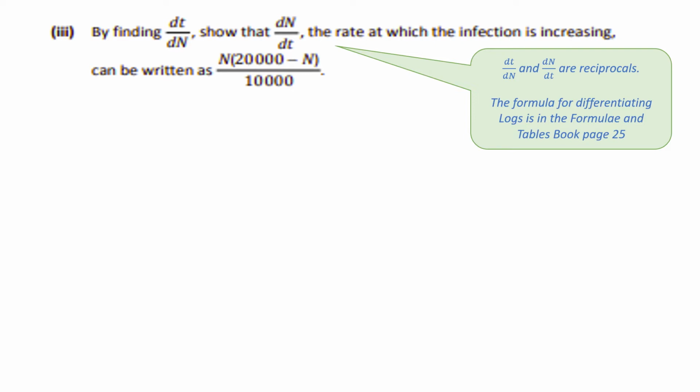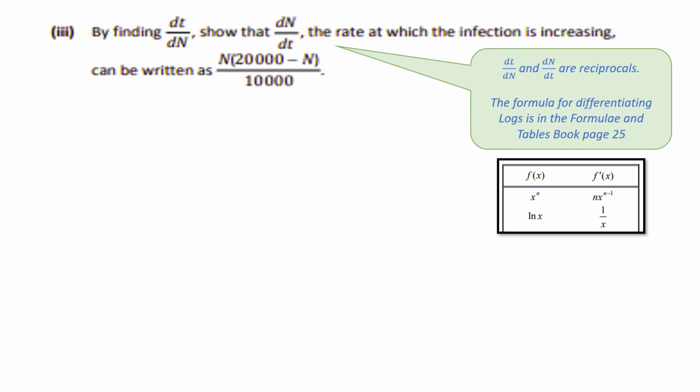That's important. So when I work out dt/dn, I can flip it to get dn/dt. The formula for differentiation of log, because remember we have a log equation here, is in the formulas on page 25. When I have the natural log of x, it gives me 1 over x.